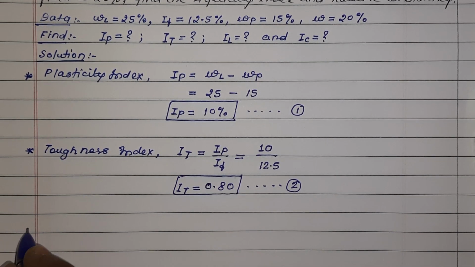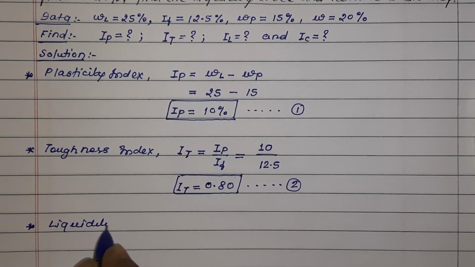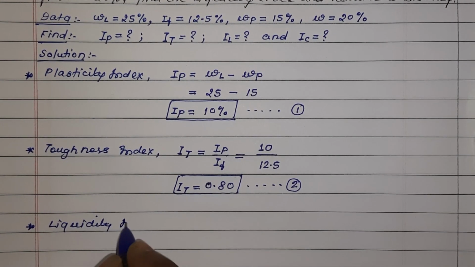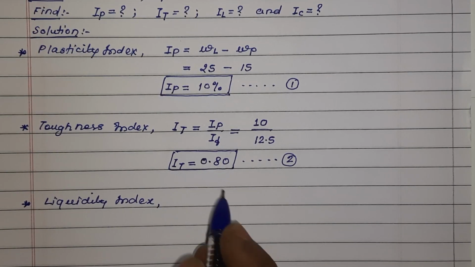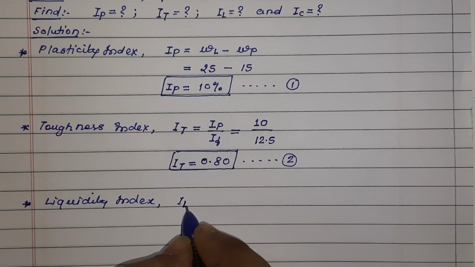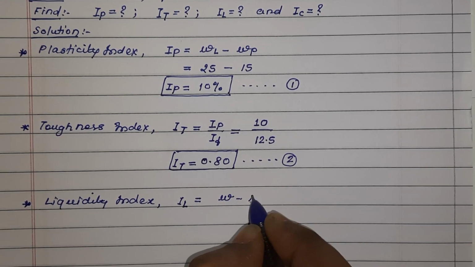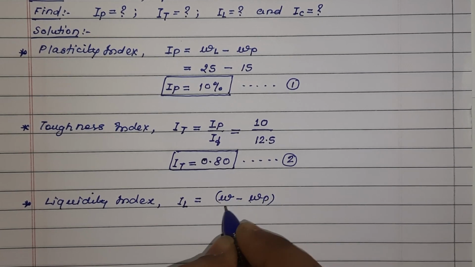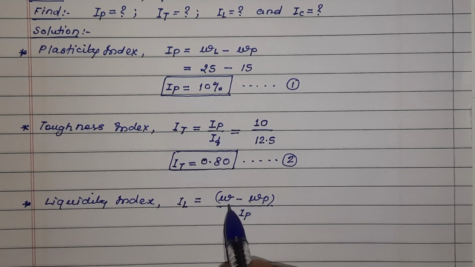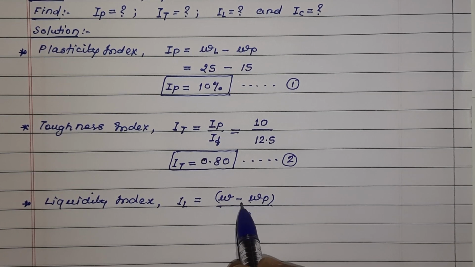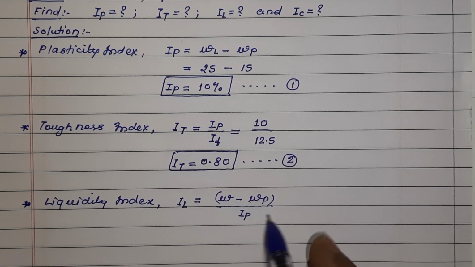Next is liquidity index, which is given by IL equal to W minus WP divided by IP, where W is natural moisture content, WP is plastic limit, and IP is plasticity index.